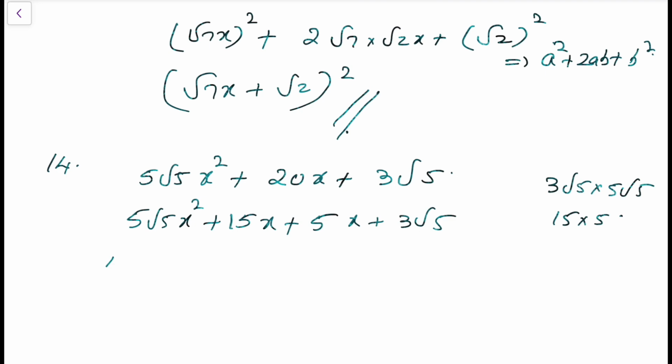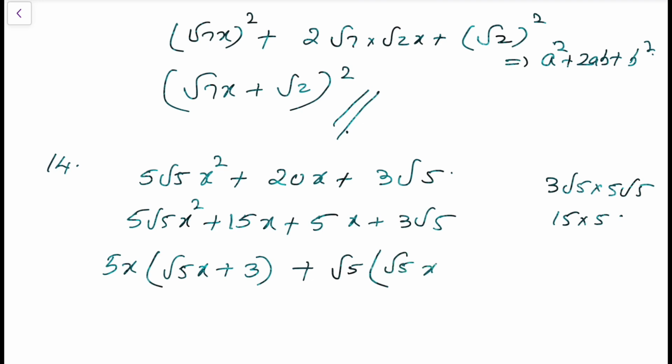Now 5x I'll take as common. So I am left with root 5x plus 3 plus 5 root 5x plus 3. So here I will take root 5 out. So 5 can be written as root 5 into root 5.